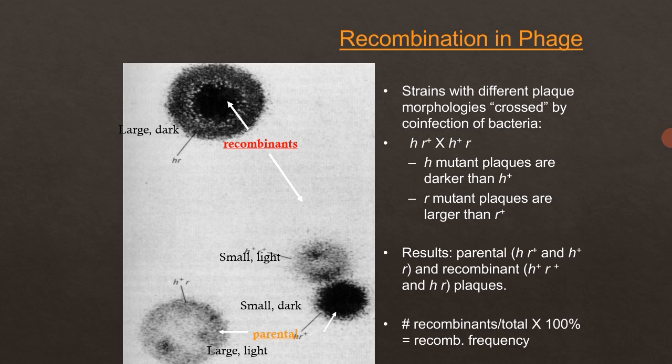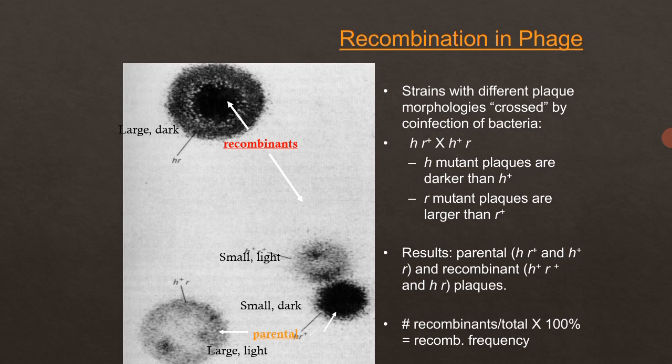So after this cross they got four various kinds of results, four types of plaque morphology. In the previous slides we discussed that phages give plaques, not colonies. They give zones of clearance. So after this cross, four various types of plaque morphology have been observed.